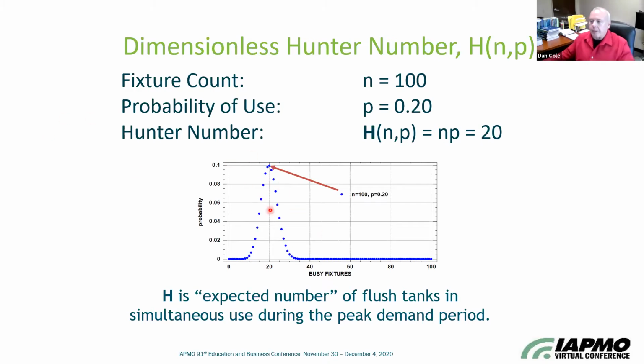So that's what I want to explain about what this Hunter number means and how it's used in a calculator. It will determine what algorithm is going to be used, and you'll see this as we go on. And it'll also help with determining the probability of stagnation.